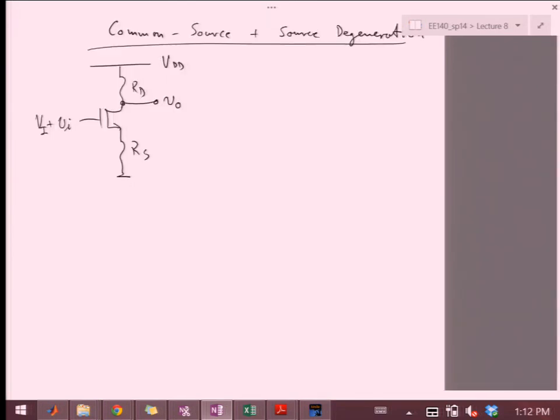So the way we would draw out the small signal model, some parts of it look pretty similar to common gate or source follower configurations. So we're going to have VI that goes to the gate, and then we have a source terminal. In this case, RS. Now, one thing that I'm missing here is the body connection. In this case, I'll keep it tied to ground, just to make things a little bit harder.